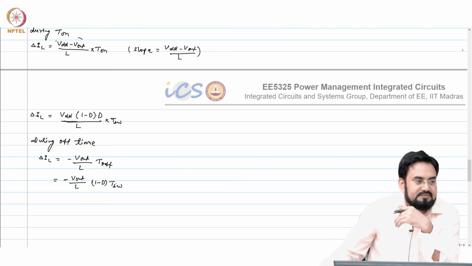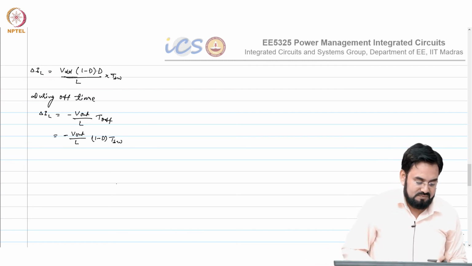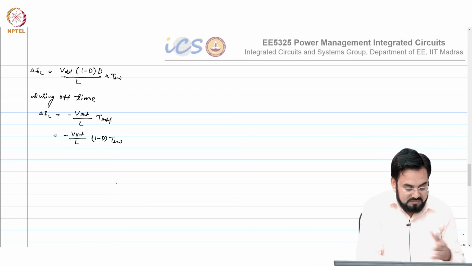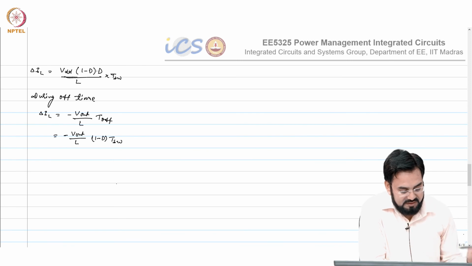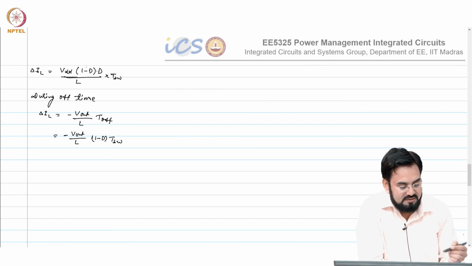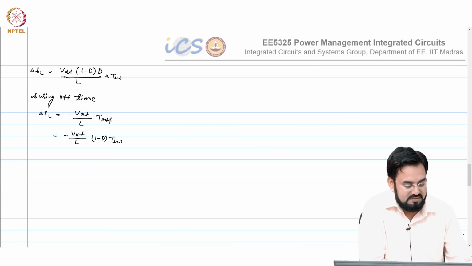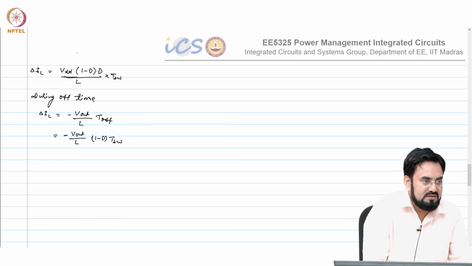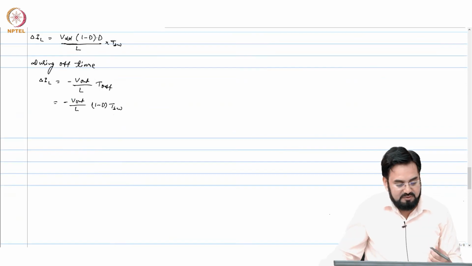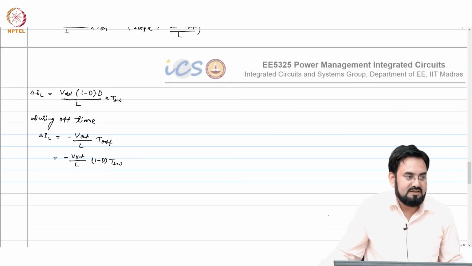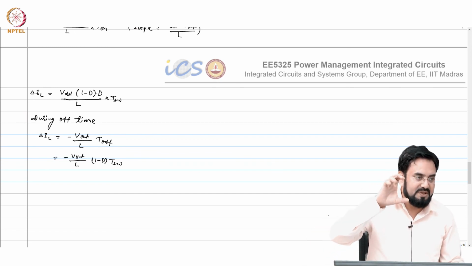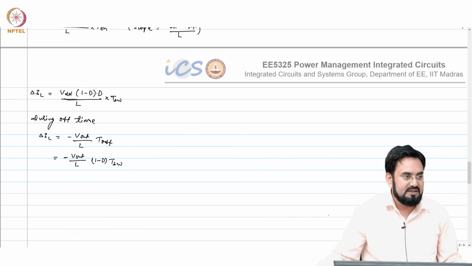So your T off will be 1 minus D times TSW if T on is D times TSW. Now, if you replace this V out by D times VDD, the ripple amount, the peak current will remain the same in both cases. Okay. So whether you use this formula using V out or using V in, ultimately your delta IL, or peak to peak ripple current, would remain the same.